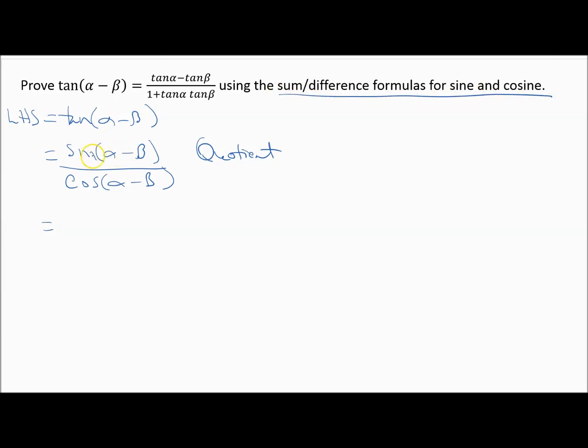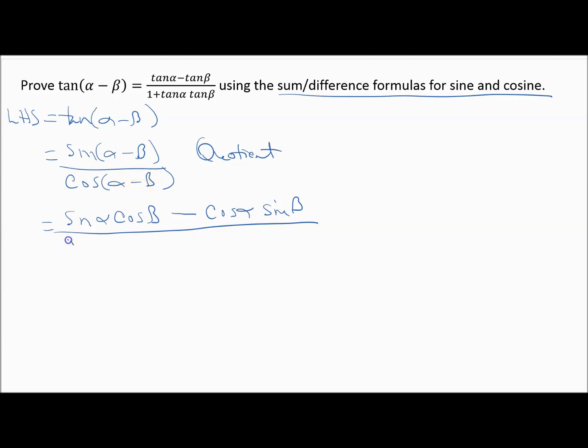So remember, sine alternates. So this is sine of alpha, cosine of beta. You keep the same operation when you're dealing with sine, and you alternate. So now it's cosine of alpha, sine of beta, divided by, and I'm going to use the formula in the denominator as well, but the formula for cosine. Remember, cosine is cosine, cosine, change the operation, sine, sine.